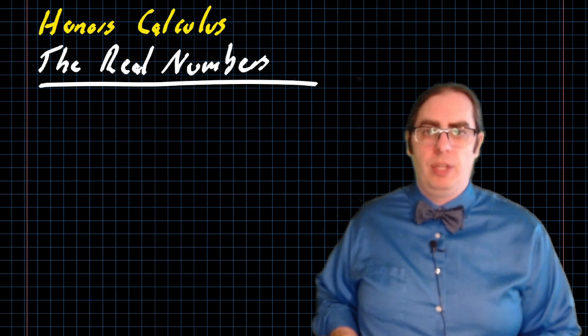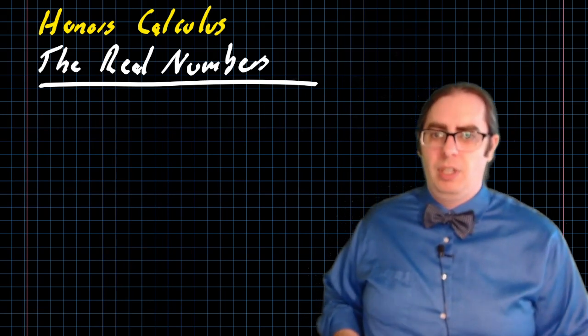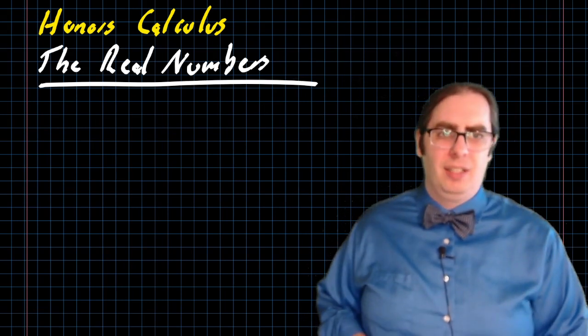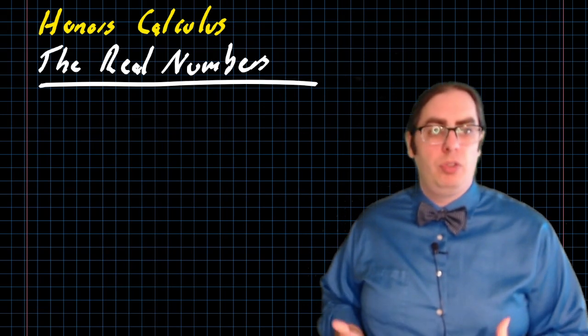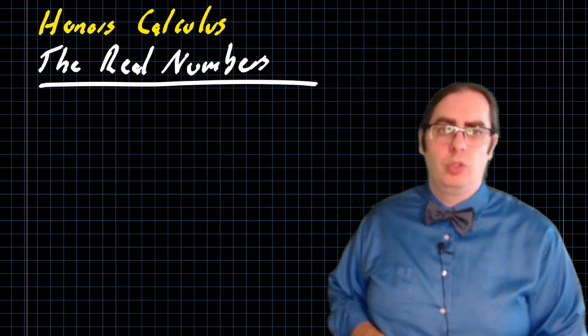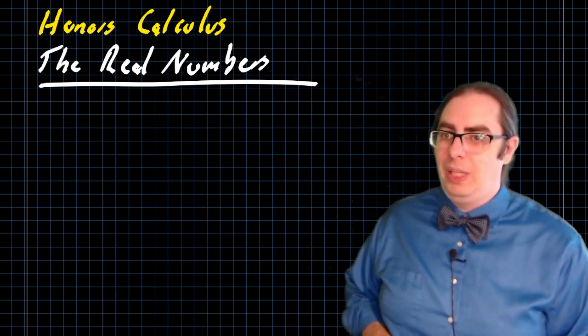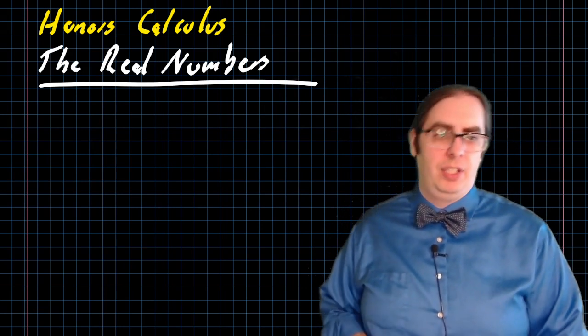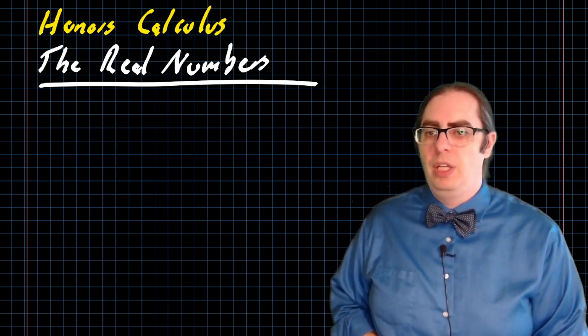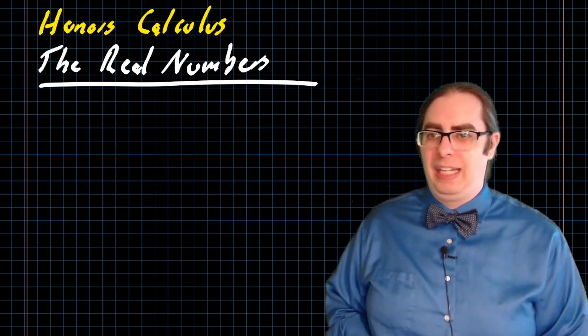And we call those numbers the real numbers. And that's very unsatisfying. So I want to try to start towards correcting that today. The very first thing I want to do is give you the correct definition of the real numbers, and then talk about what the heck it means.